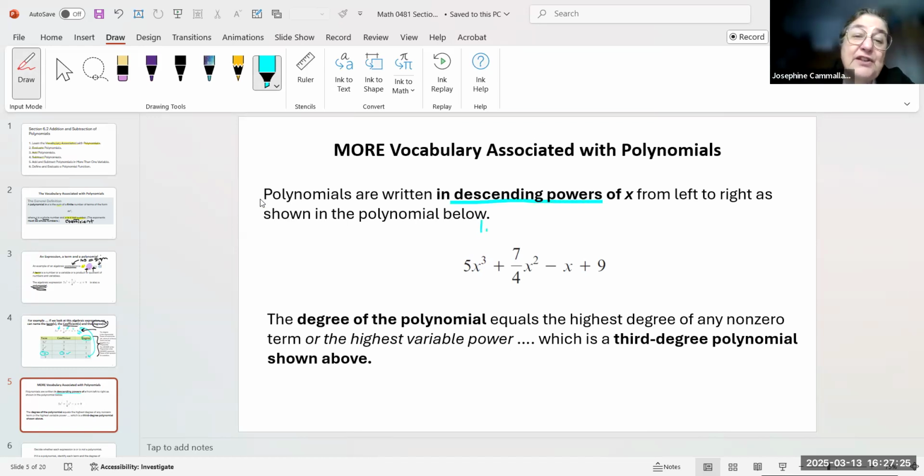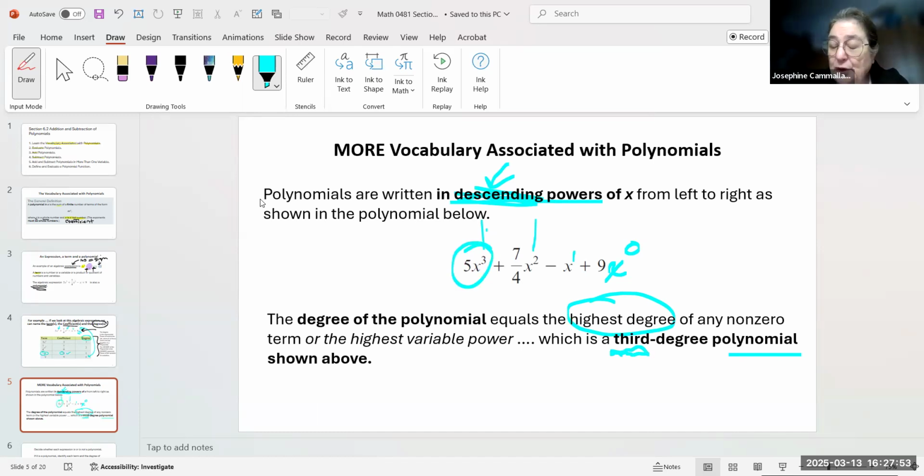Now notice, this is 3, this is 2, this is the power of 1, and this has x to the 0. It is in descending order. Now, if you're asked for the degree of the polynomial, remember, it's the highest degree, which is 3. It comes from this very first term.